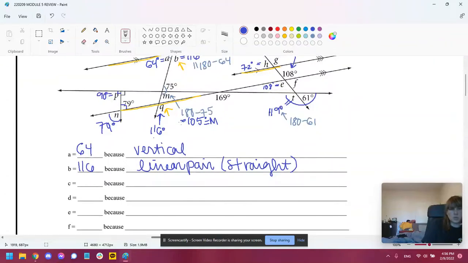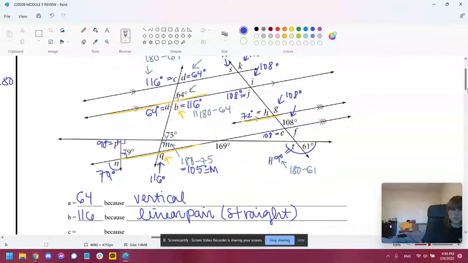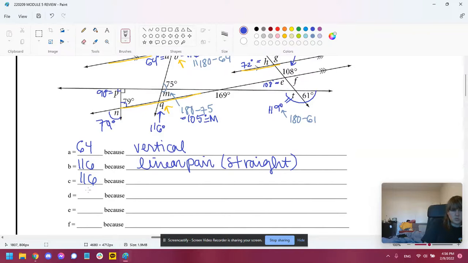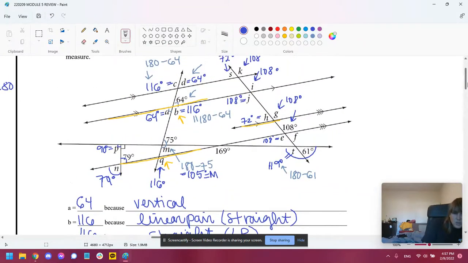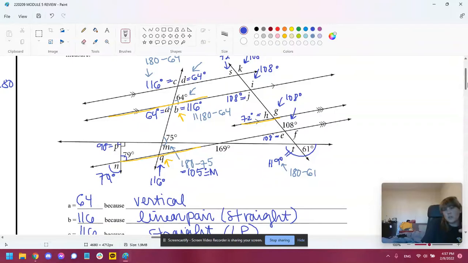So C was, oh my god, this is going to be a nightmare. This one was corresponding. This one was straight or a linear pair. E and F. E, where is E? E was across from 108 over there.